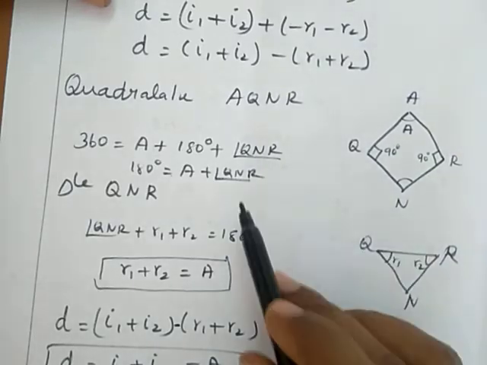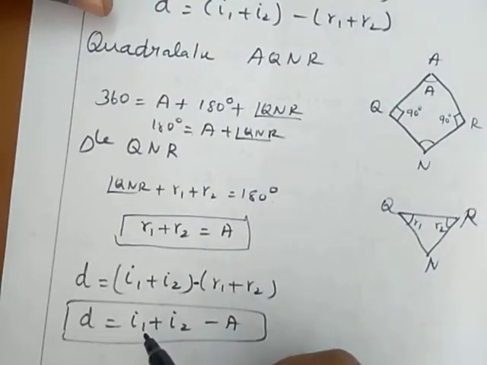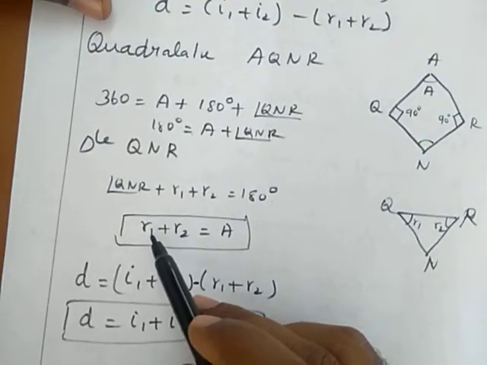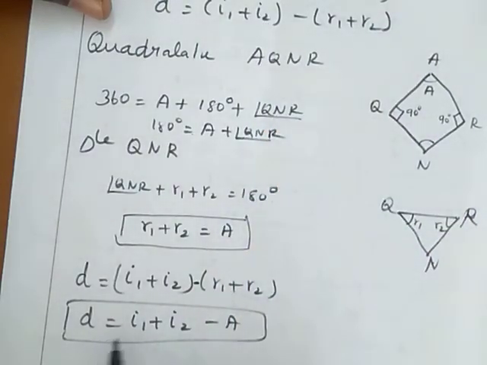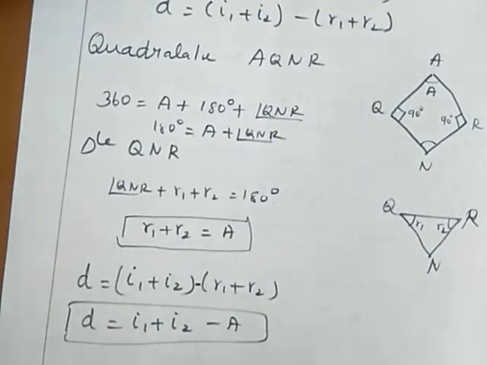Comparing these two, we get r1 plus r2 is equal to A. Substituting in that expression, we get d is equal to I1 plus I2 minus A. Here the angle of deviation depends on the angle of incidence, angle of emergence and the angle of the prism. It also depends on I2, which depends on the refractive index of the material of the prism. Then our next topic is the angle of minimum deviation.